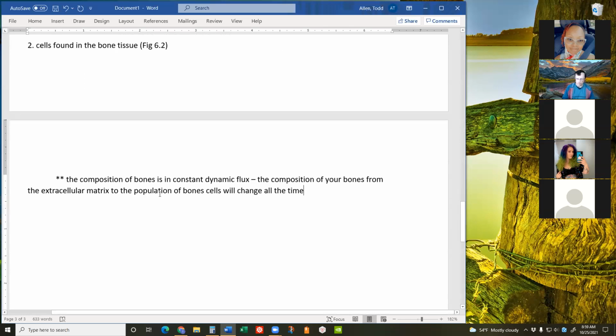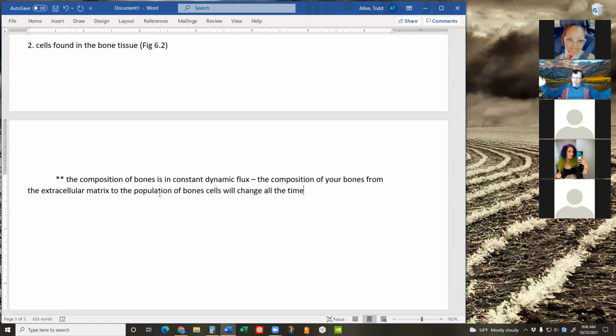All right, so we're going to list out some of the bone cells that science has something to say about, okay? And as I said, we're not going to have all these bone cells in great quantities at every stage of our life. We'll have various amounts at different times, okay?